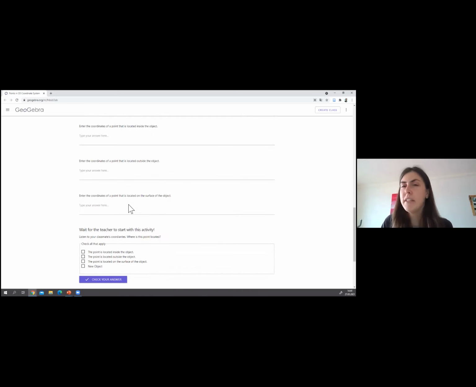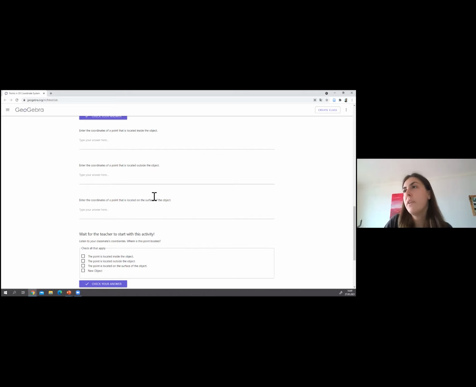As a last activity, I want to have a group activity, where kids can work together. And first of all, each student has to enter coordinates of a point that is located inside the object, one outside and one on the surface. After each student entered 1 or 2 coordinates, me as a teacher, I get those results easily on my screen.